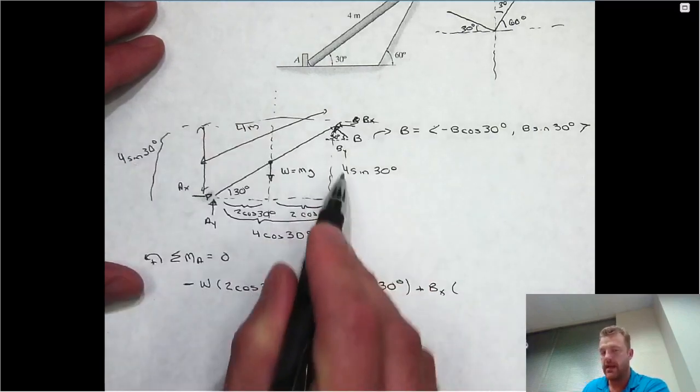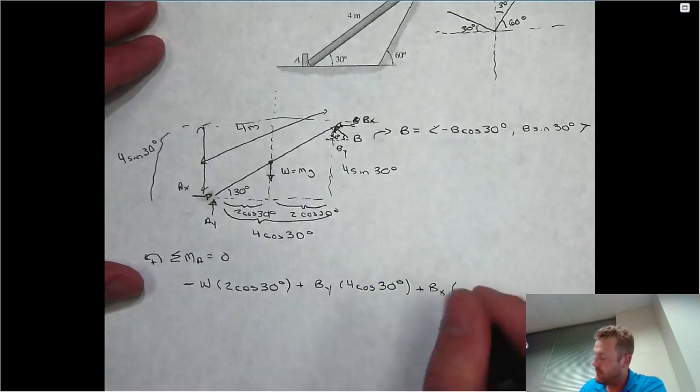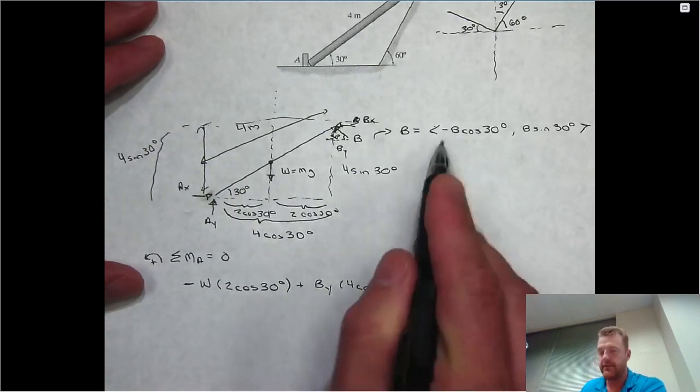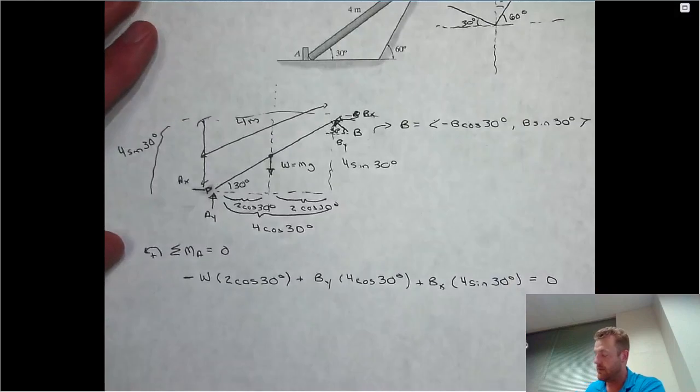So that's basically the vertical offset of B from point A. So this would be 4 sine 30. Again, I don't have to show that it was negative here because I took that into account when I determined the direction of rotation. So those all have to be equal to 0.